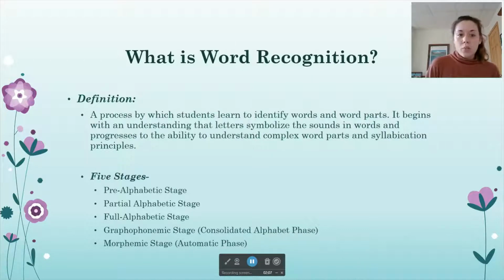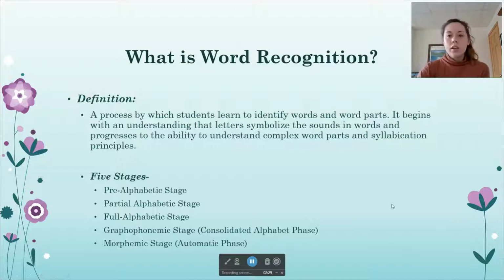The first is the pre-alphabetic stage. The second is the partial alphabetic stage. The third is the full alphabetic stage. The last 2 stages are the graphomorphemic stage, also known as the consolidated alphabetic stage, and the morphemic stage, also known as the automatic phase.